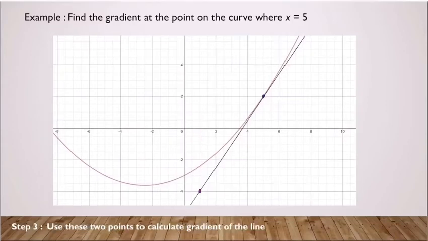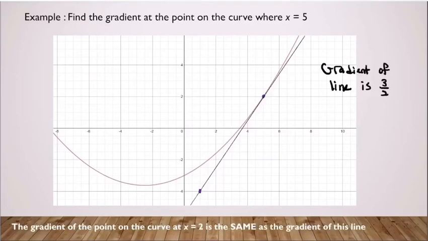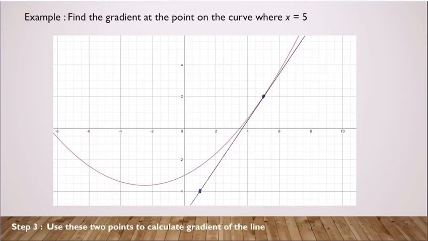So, step 3. Once I have identified the point on this line, I use these 2 points to calculate the gradient of the line. Recall how we find gradient? Before that, we need to find x1, y1, x2, y2. So for this point, we need to know x1, y1.